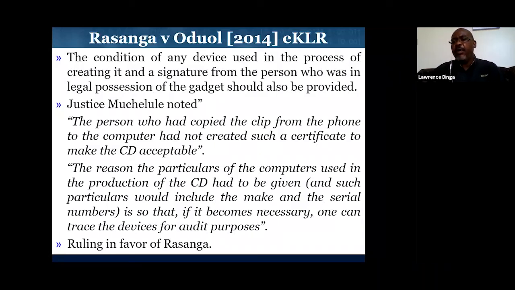It also reiterates ACPO principle number 3, which is that when this happens, a third party can take the same evidence, run the same process and produce repeatable evidence.